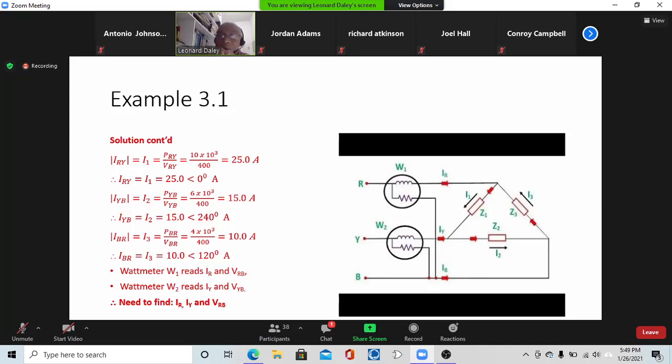One wattmeter's current coil is in the red line, and the other wattmeter's current coil is in the blue line, and yellow becomes the common. So you decide which one you want to choose as the common, and you just know that the current coils will be going in the other 2 lines. All right. Yes, sir.